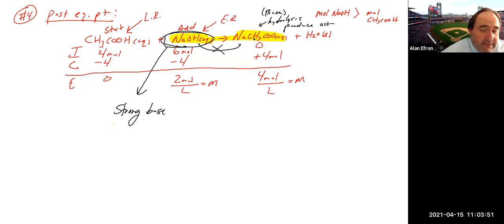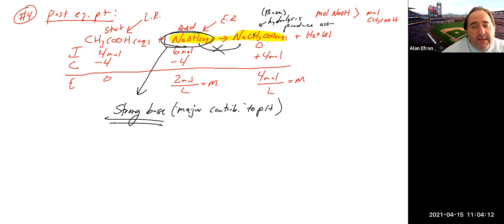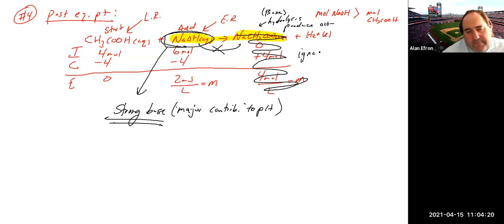What that means is between the 2, the major contributor to the pH at this point would be the strong base. Although the sodium acetate is contributing, it's probably not contributing as much as the sodium hydroxide would. And that means at this point in this type of titration, we ignore the salt's contribution.